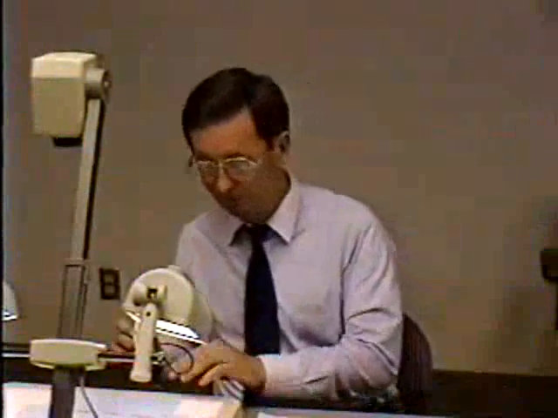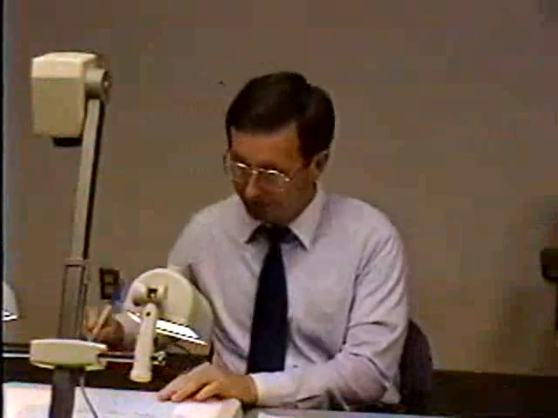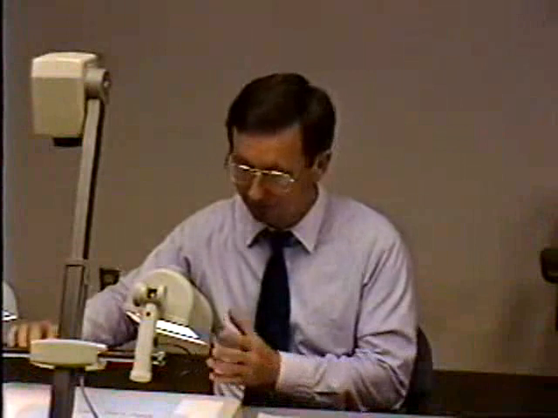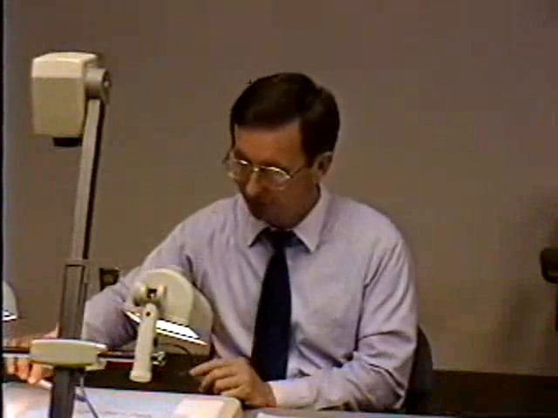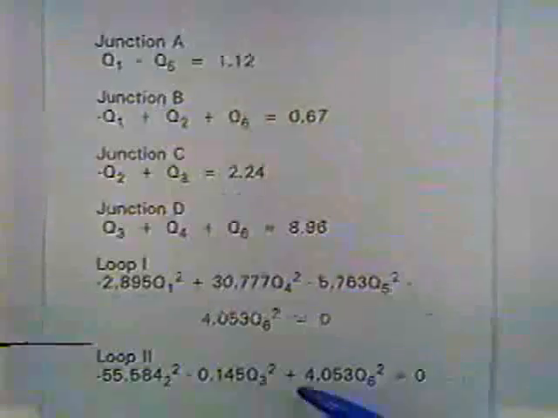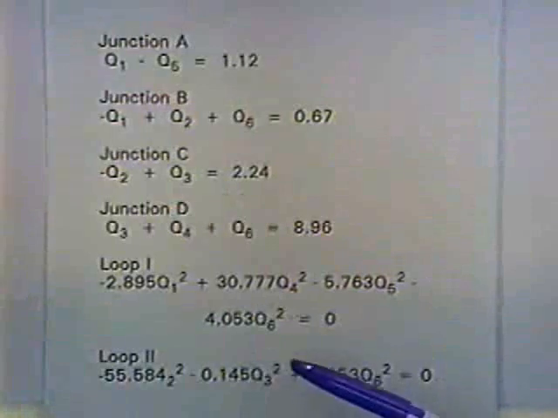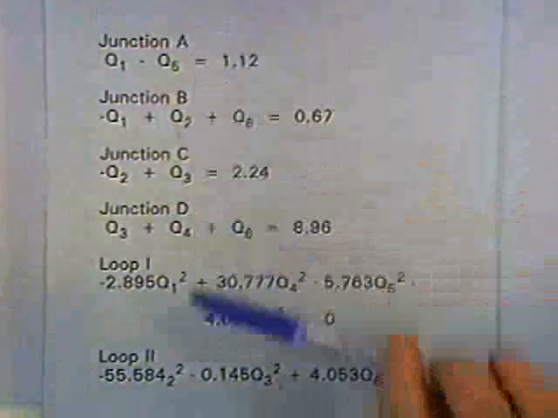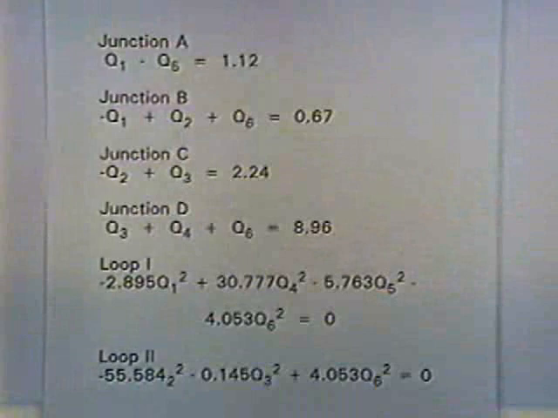Now the Hardy-Cross method solves one of the loop equations at a time. However you go about it, it's going to be iterative, but it does this loop equation, then solves this loop equation, and it does it in such a way that it's maintaining continuity at the nodes.